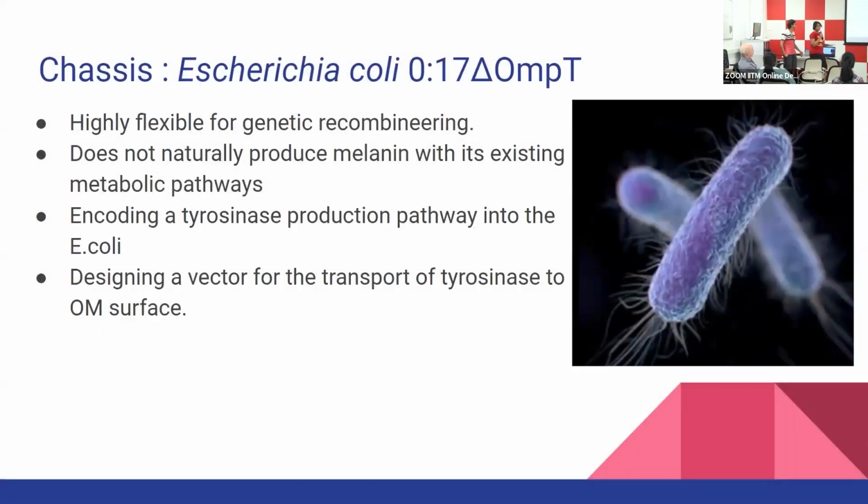So for this, we're going to recombine E. coli to produce selenomelanin, which will then be used in space suits and space shuttles, etc. So for this, the chassis we're going to use is E. coli because it is very simple to recombine. It's highly flexible. So the thing is with E. coli, it does not naturally produce melanin with its existing pathways. So we will need to encode a tyrosinase production pathway into the E. coli, which then expresses it on the surface.